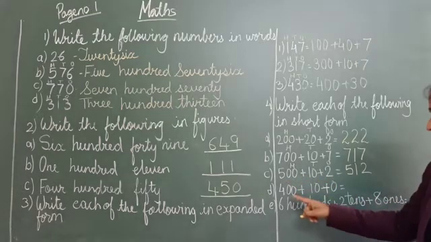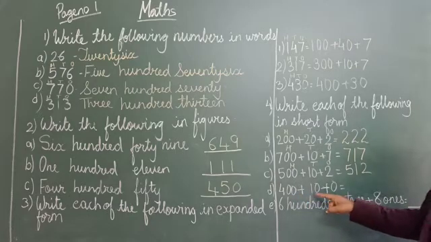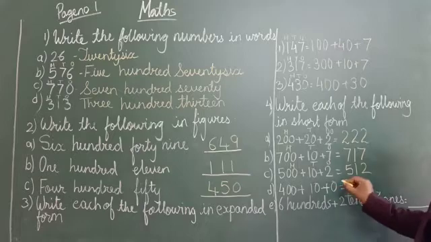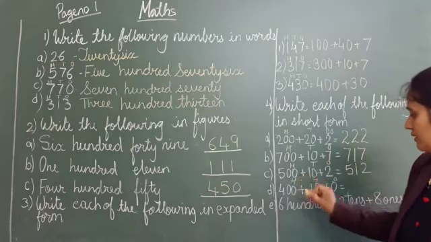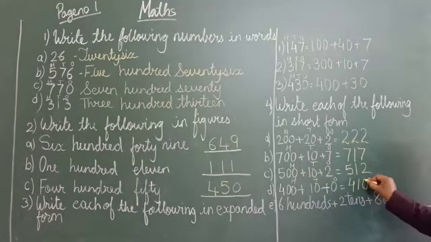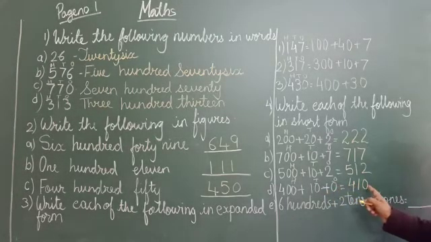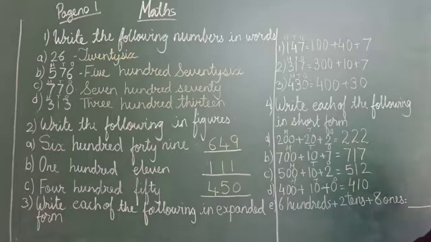Fourth example we have 410, and at ones place we have 0. 0 means nothing. 410. Because at ones place we have nothing, so we have written 0. How will you read this? 410.